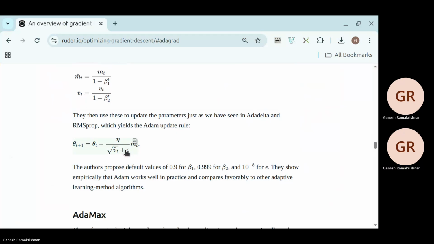Wait a second. Square root of v t. Is it right? This expression of square root of v t hat plus epsilon is equivalent to adding an epsilon to square root of G t. Just check that.